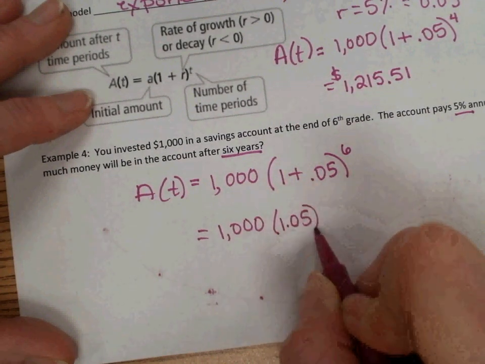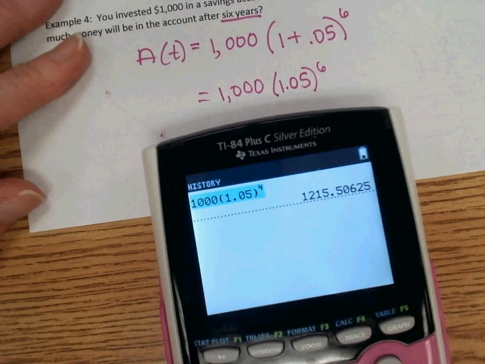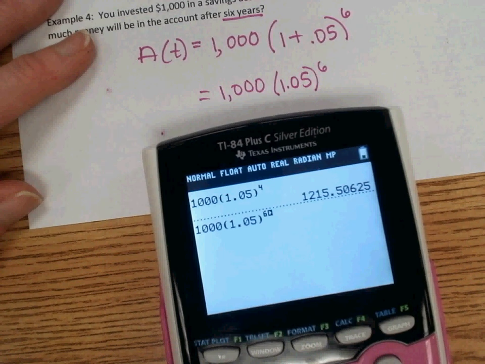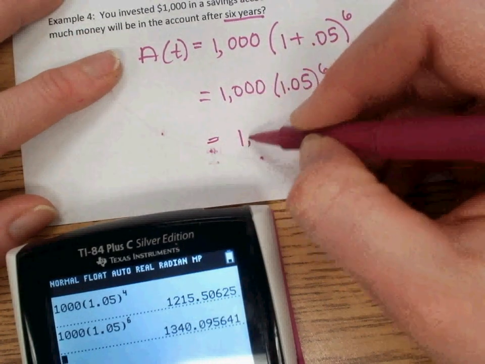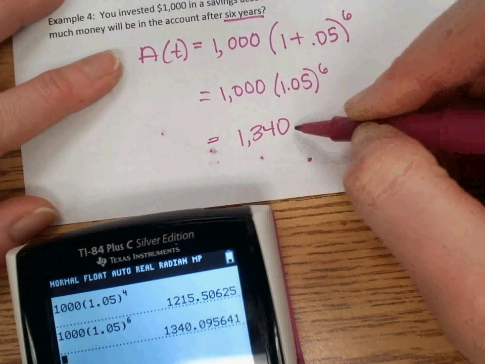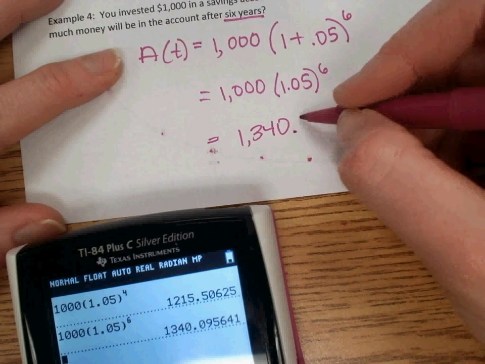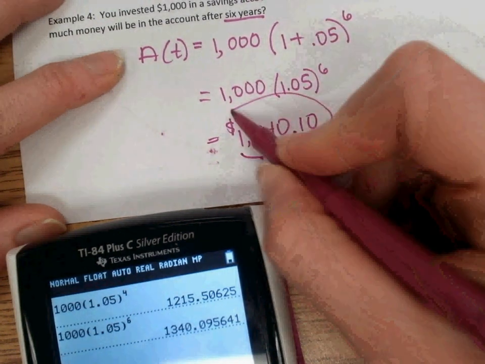So 1,000 times 1.05 to the 6th power. I can actually go back and retrieve this function and just change my 4 to a 6. And we wind up with $1,340, and we'll round that to 10 cents.